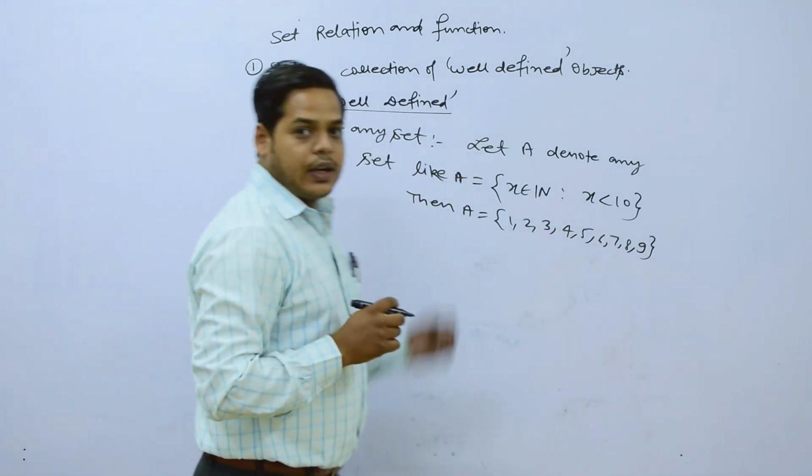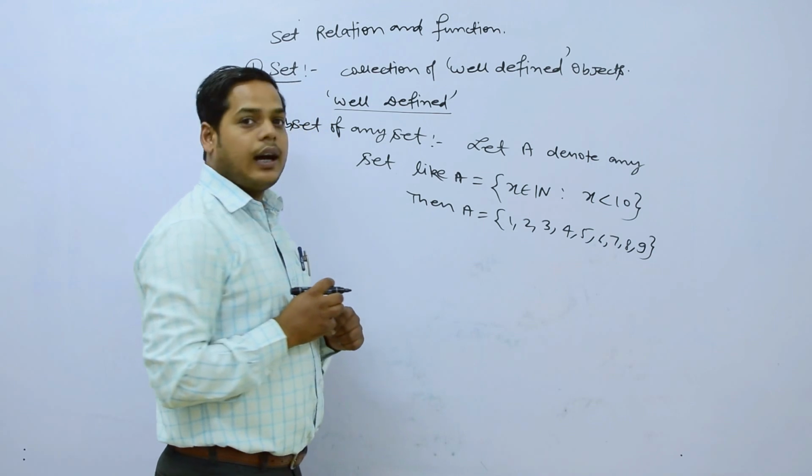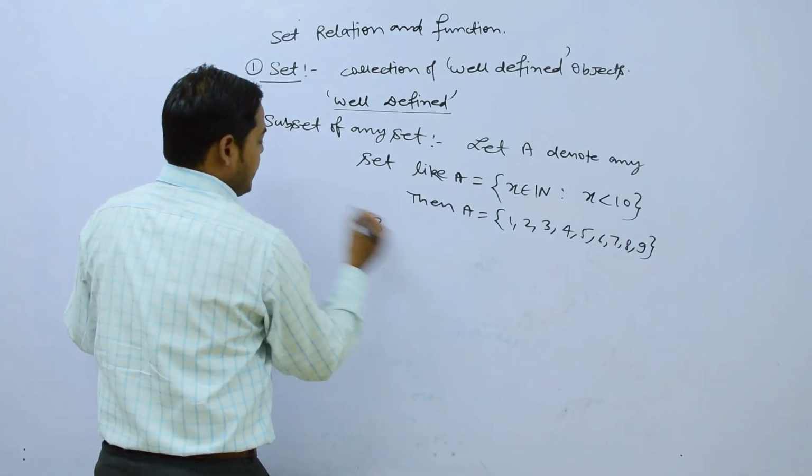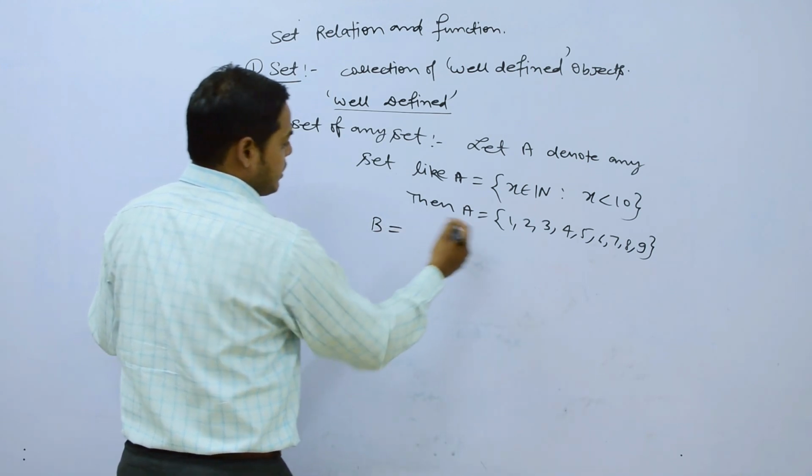Now, if we collect some elements of A or all elements of A, then it becomes another set. Suppose B. B is nothing but the sub collection of A.